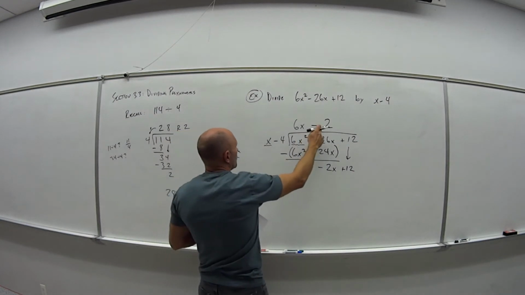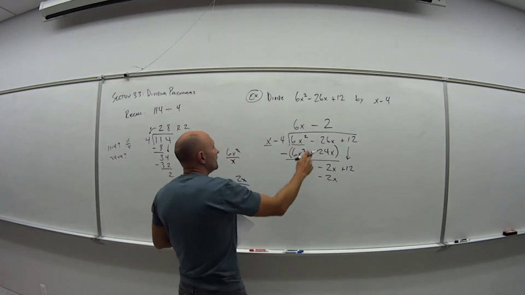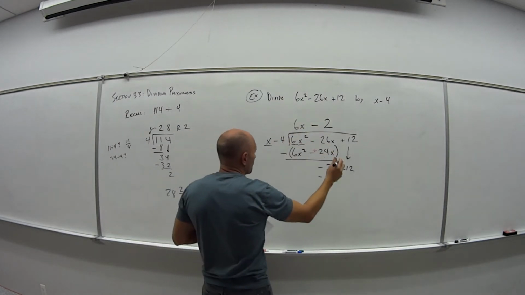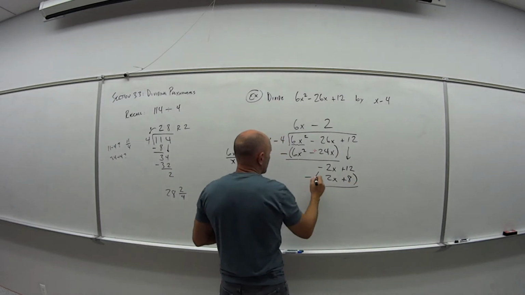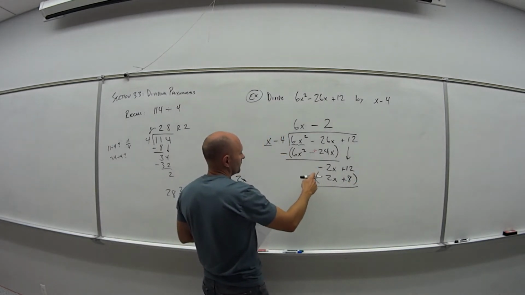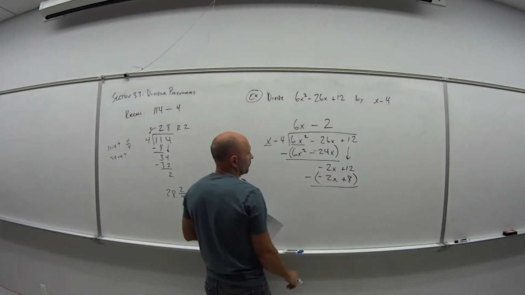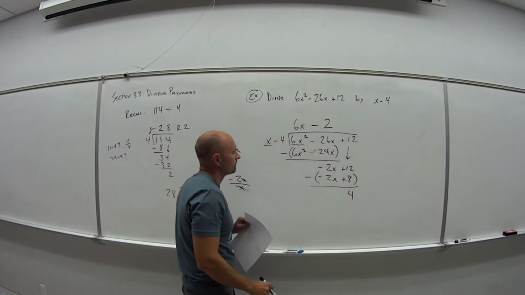Multiply around, you get what? Negative 2 times x is minus 2x. Negative 2 times negative 4 is plus 8. Subtract this whole thing. So minus 2x minus a negative 2x is plus 2x, which is 0. That's gone. 12 minus 8 is 4.